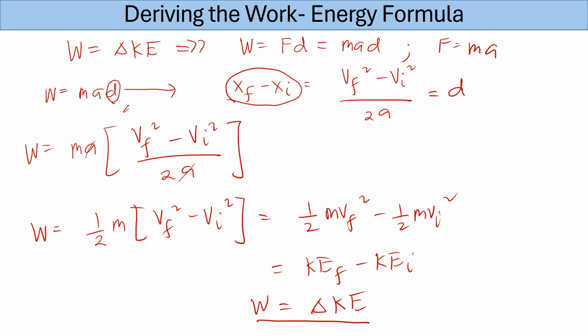Okay, so that is the formulation of this work-energy theorem in one dimension along the x-axis, that the work done is actually equal to the change of the kinetic energy of the body.